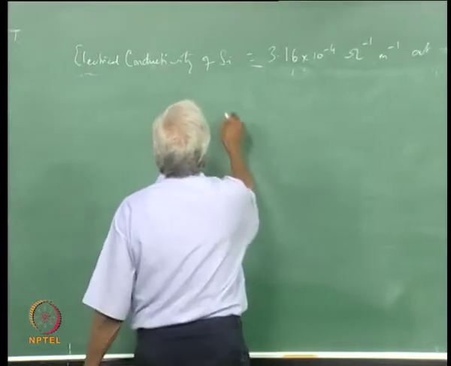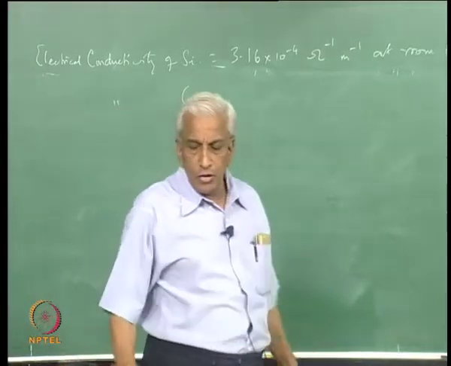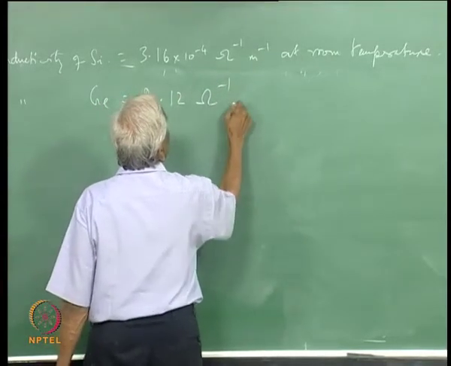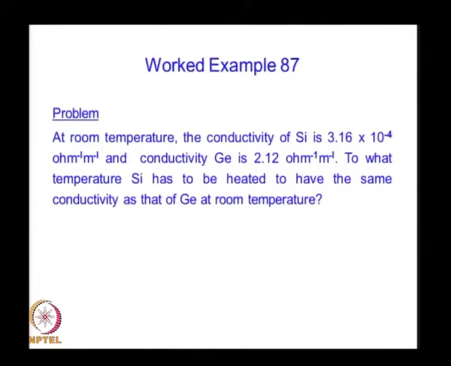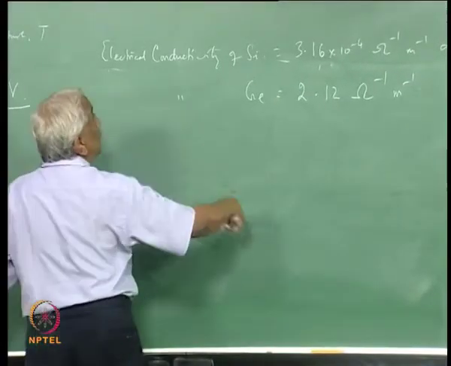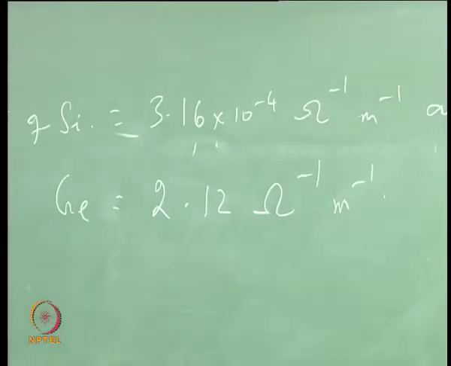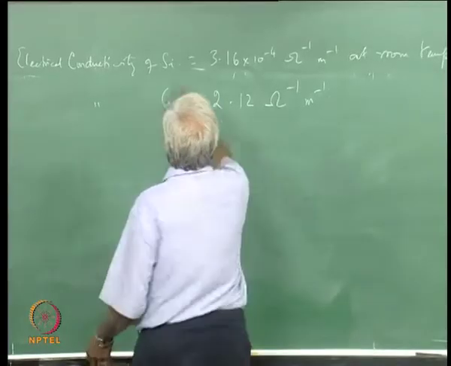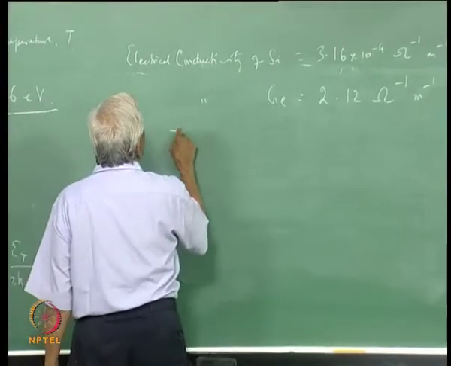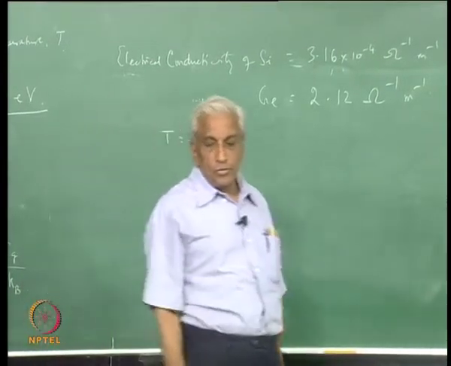And that of germanium is also given at room temperature as 2.12 ohm meter minus 4 orders higher. So, we are asked to what temperature. Obviously, if silicon is heated, the conductivity increases. If it has to have the same conductivity as germanium, to what temperature should silicon be heated? So, that is the question.